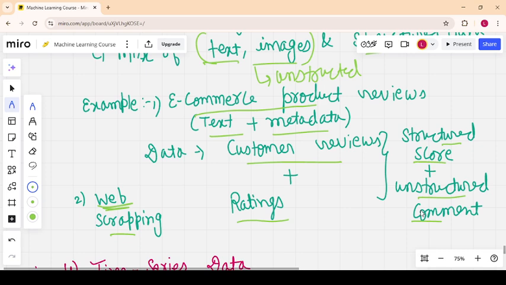We have a comment on the product as well as a score, so we process them, feed the data set into a model, train it, and get an output of whether the review is good or bad.